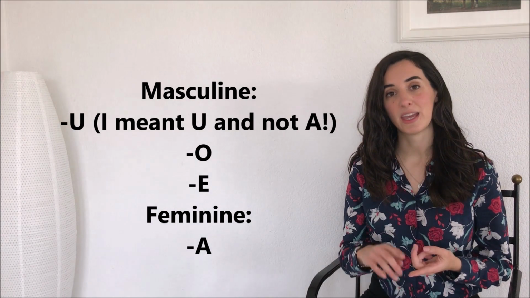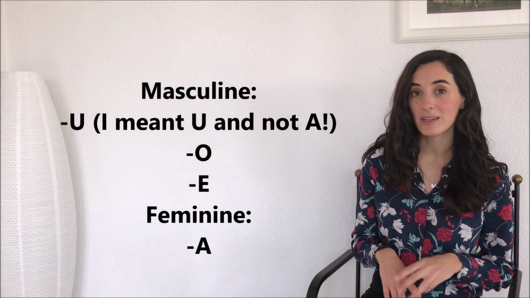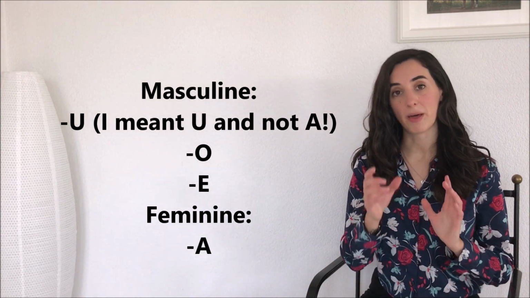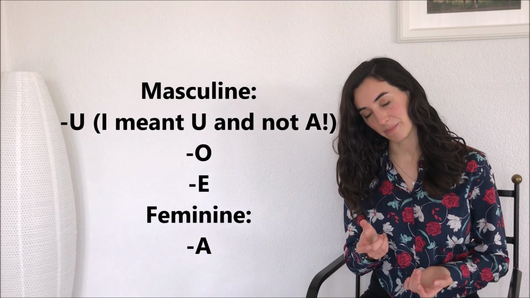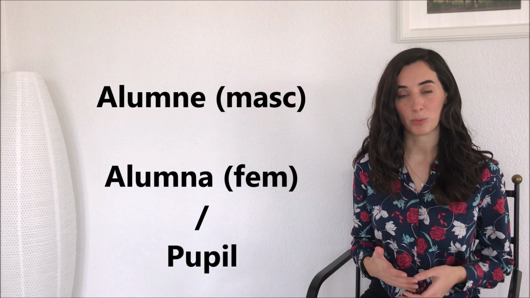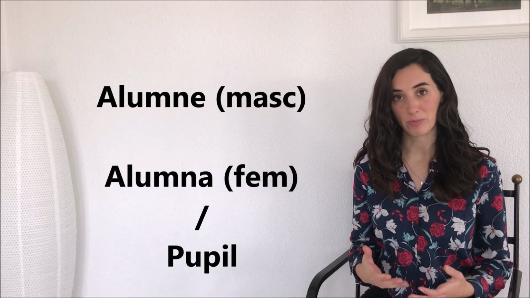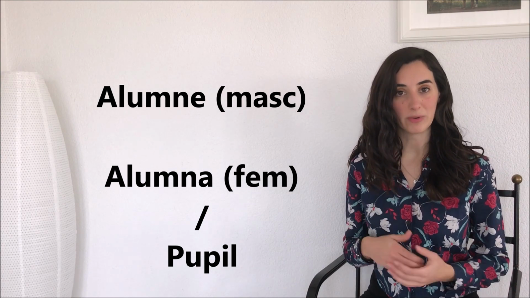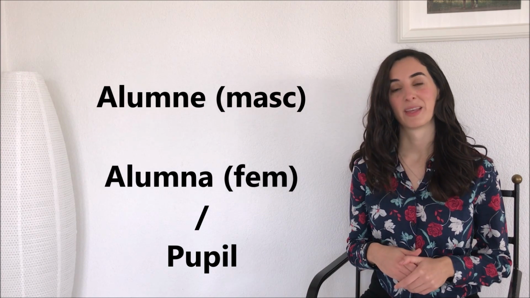Then another case would be when you have a noun ending with a vowel. So if you have a noun ending with A, O or E, it could be that you swap that vowel for an A. So for example, alumne, pupil, masculine, becomes alumna, feminine.